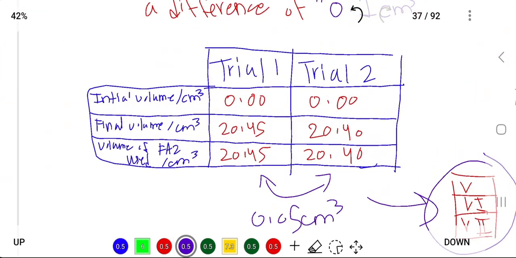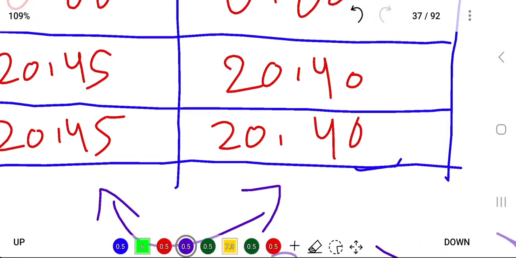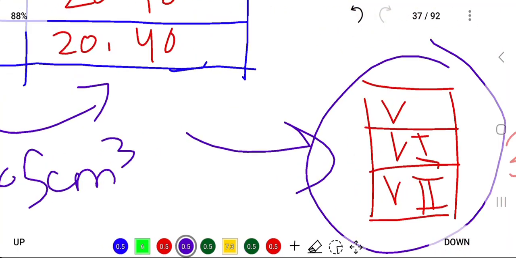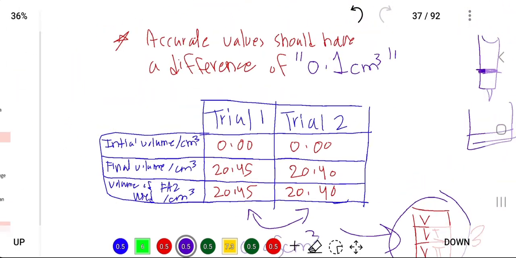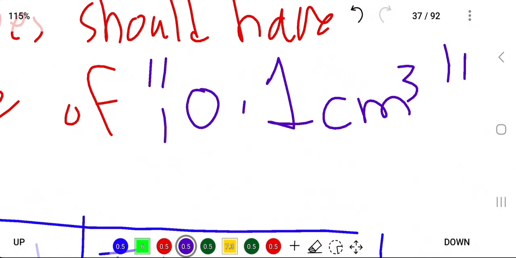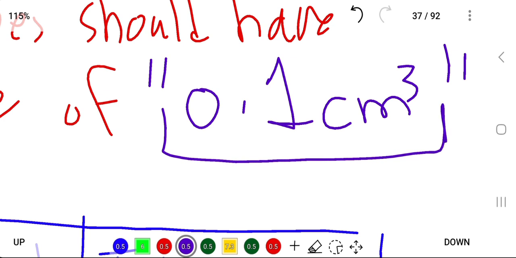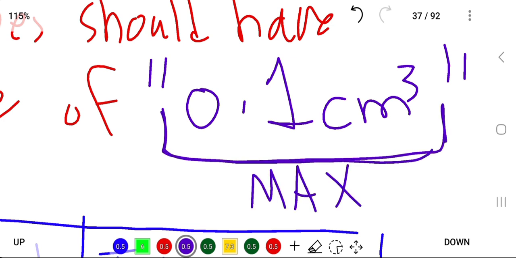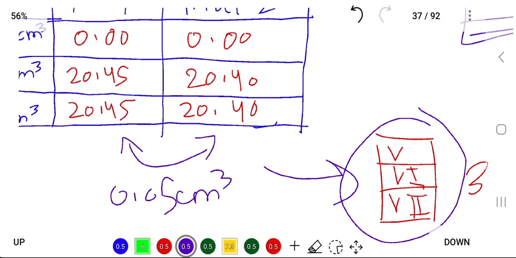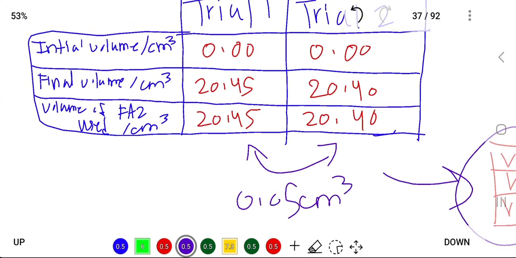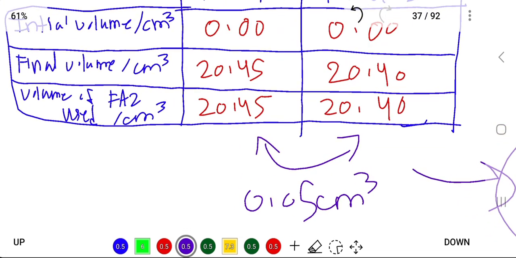Either way, if you put 20.35 or 20.40, you'll get the accurate results. But it really does not matter here. What matters is you got a difference of 0.1 max. If your difference was like 0.2 or 0.15, you in fact did not get the accurate results. In this case, we changed it at the very last.